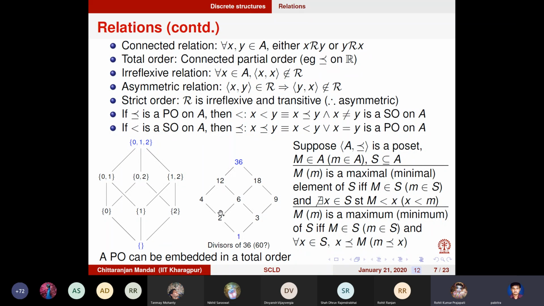There is no element of this set which is strictly greater than 12 or 18. So 12 and 18 are the maximal.